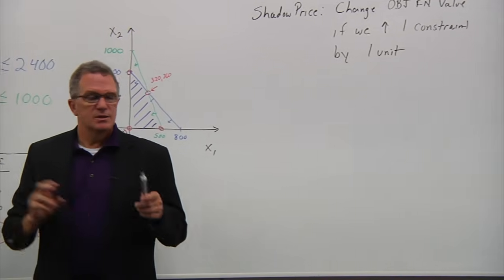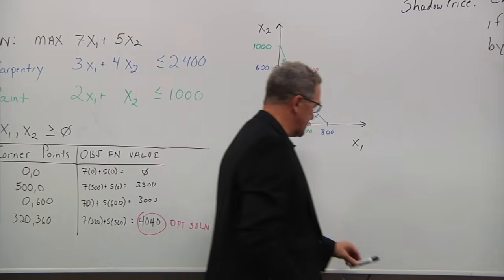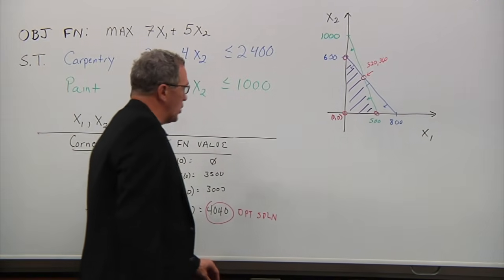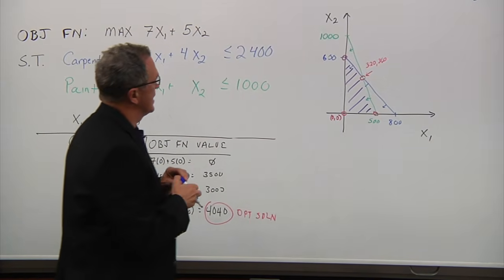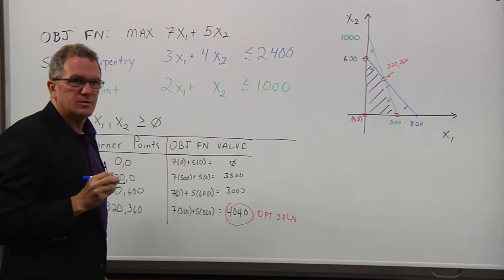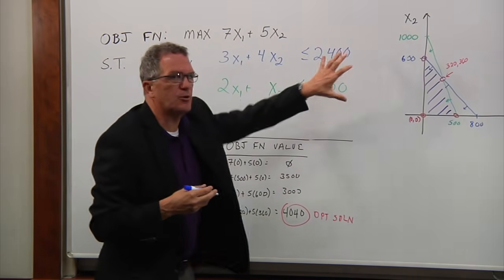All right. What happens if we increase the constraints? What would happen if I decide to add one person? Let's just pretend this is a weekly output.